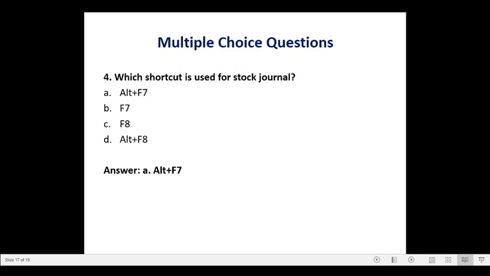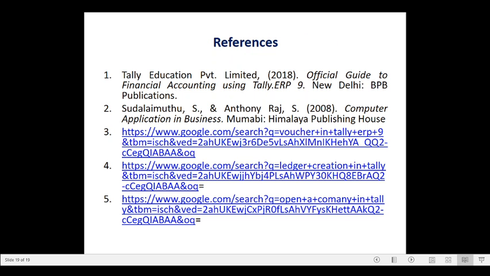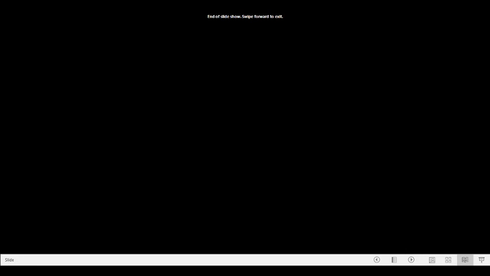The answer is Alt F7. Next question. To create sales voucher in Tally, the press key used is, let's see, F5, F6, F7, F8. Yes, answer is F8. These are some of the books referred to in making the PPT and the session. Thank you.